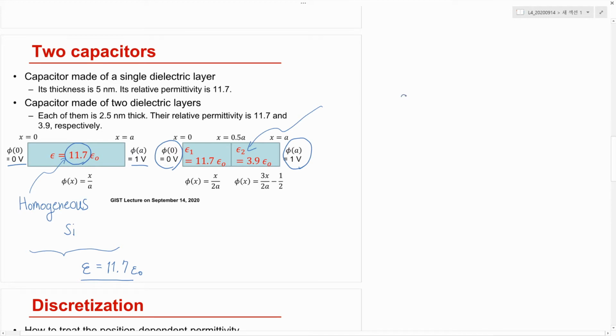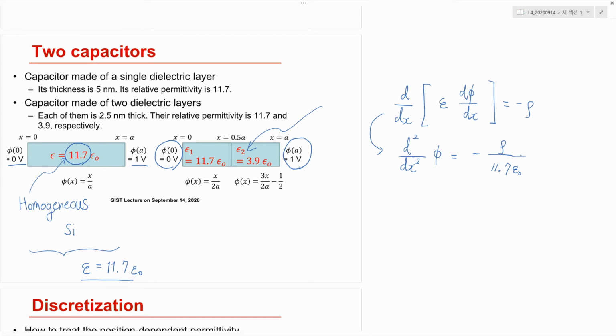Our equation d/dx of epsilon d phi/dx equal to minus rho can be easily written in the following form: the second order derivative of phi equal to minus rho over 11.7 epsilon naught, which is the epsilon in the left sample. Everything is quite simple and clear.